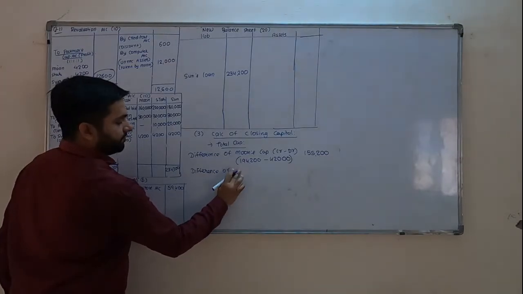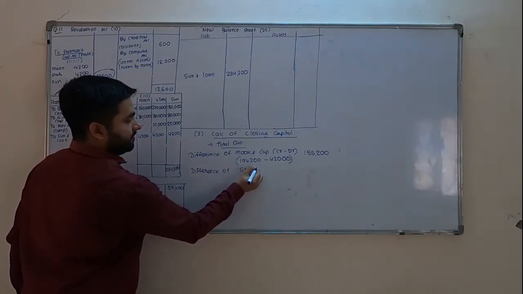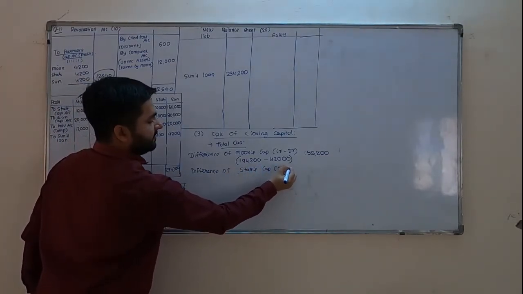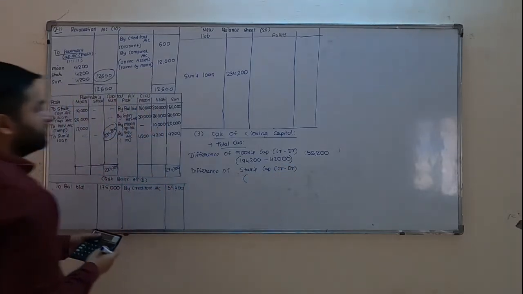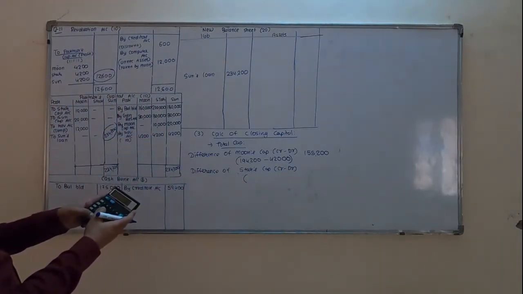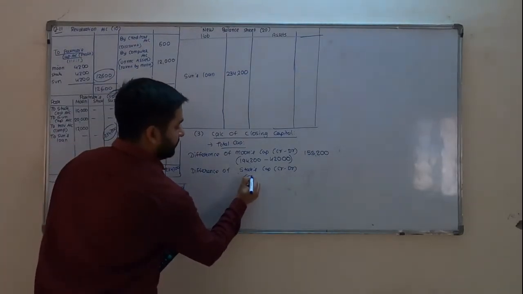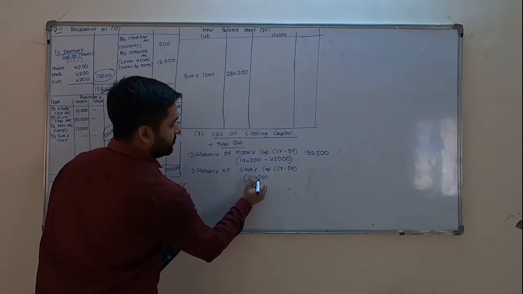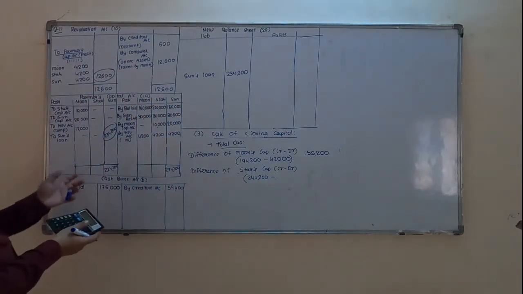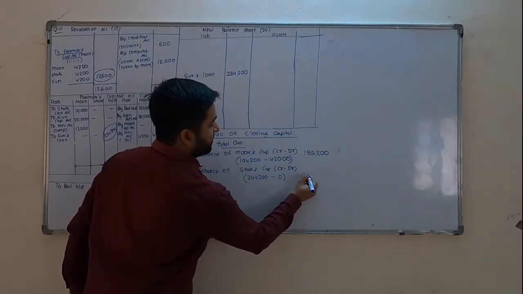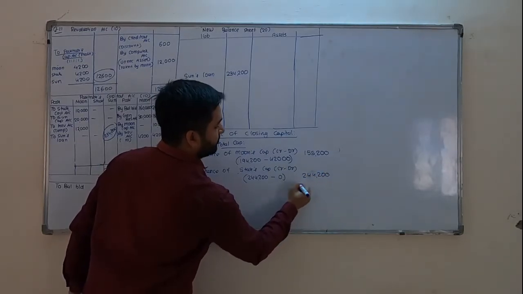Then again, difference of Star's capital, again credit minus debit, 2,30,000, 10,000, 4,200. 2,44,200 minus 0, because nothing is there on the debit side. 2,44,200.